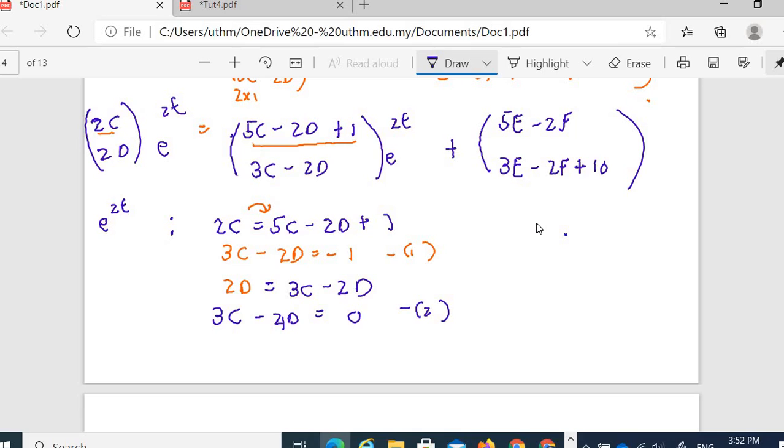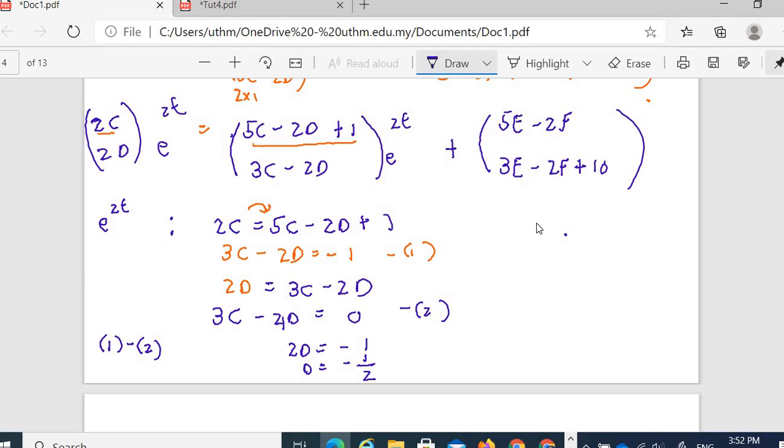You can add up these two equations easily. Take 1 minus 2: 3c minus 3c, no more. Negative 2d minus 4d becomes 4d. So 2d equals negative 1, so d equals negative half.